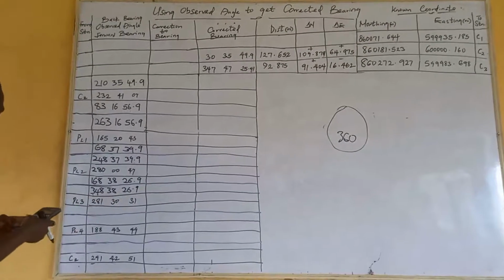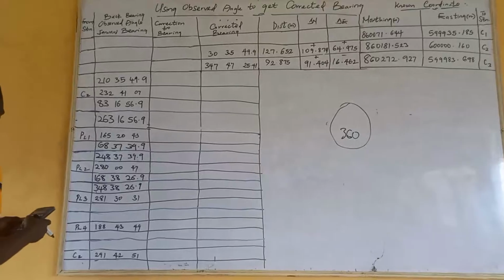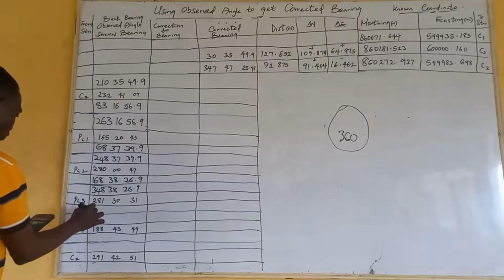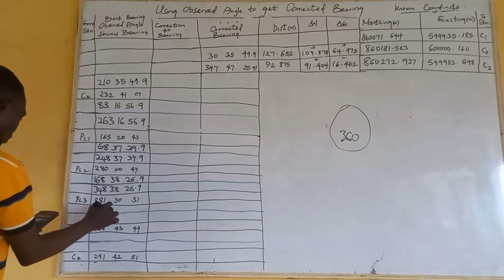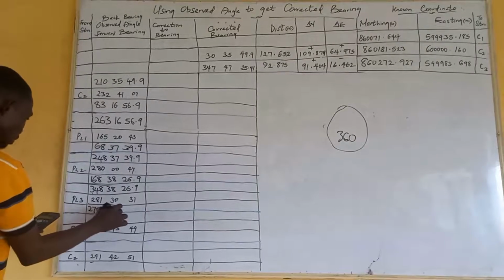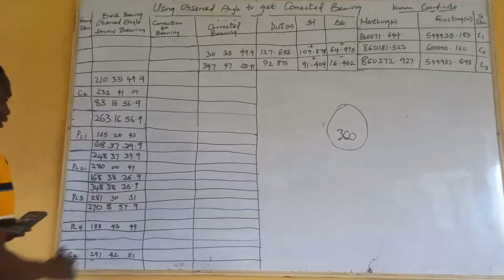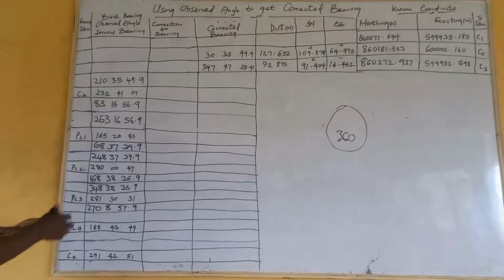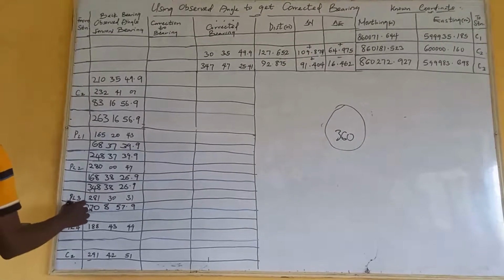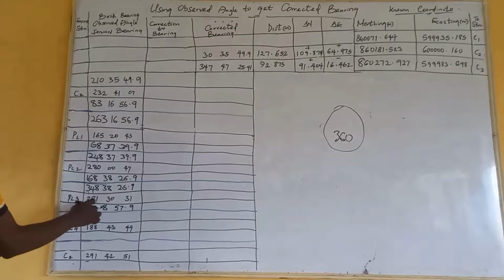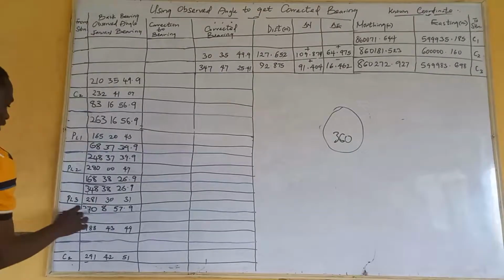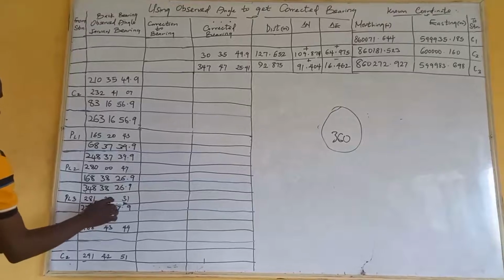So you subtract 360 from the value. So we have 270 degrees 08 minutes 57.9 seconds. Then you see, for our forward bearing we now have 270 degrees 08 minutes 57.9 seconds.